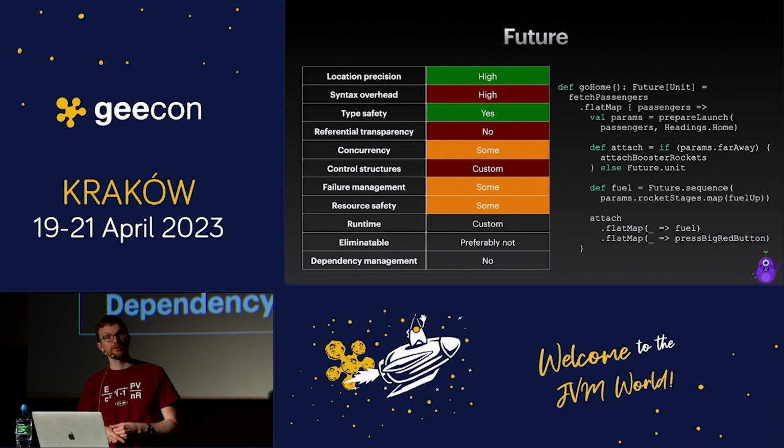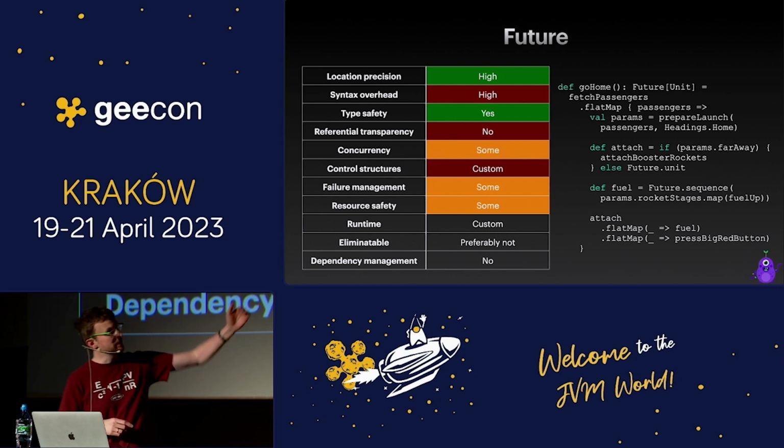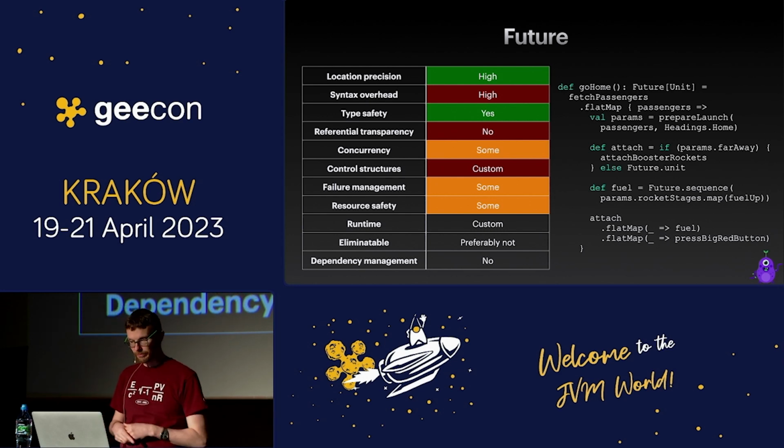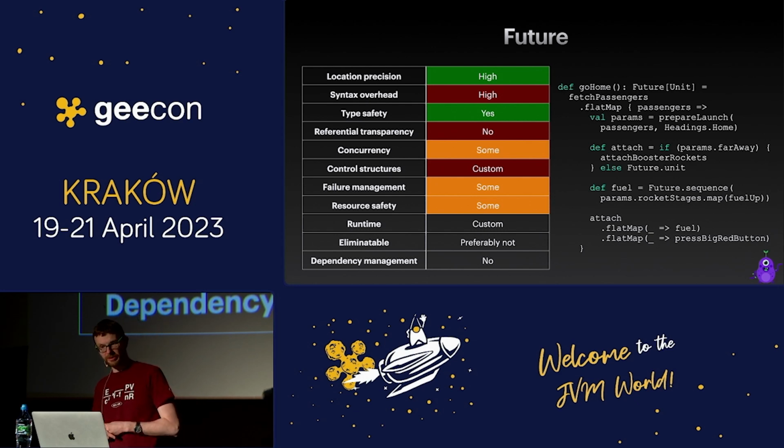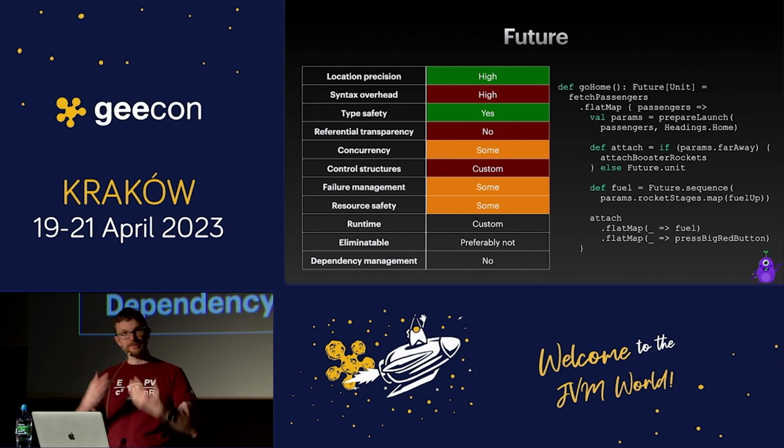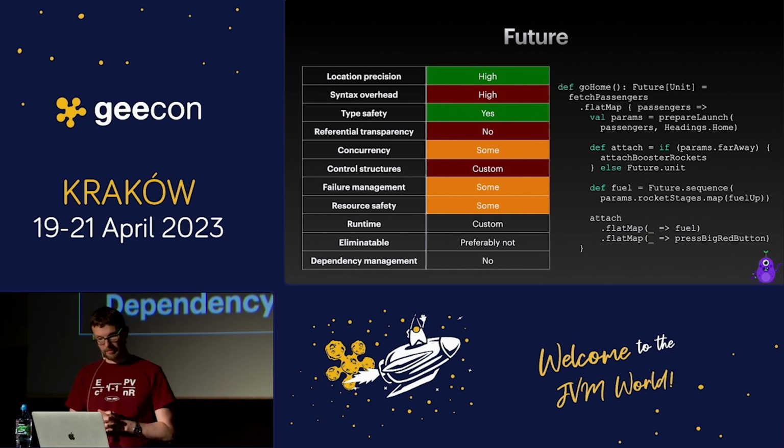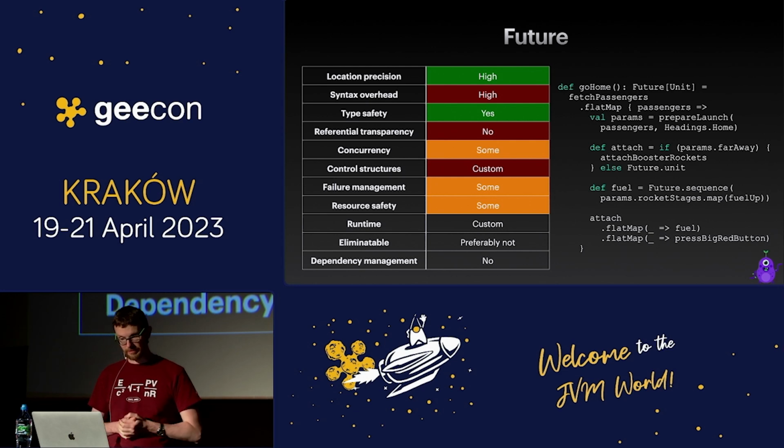We have to use custom control structures. So, for example, we cannot iterate over these rocket stages to fuel them up. We have to use this future.sequence, which is a custom control structure, which awaits until all of these futures given have been completed. So yeah, we have to use these custom built-in methods for iteration, for example.